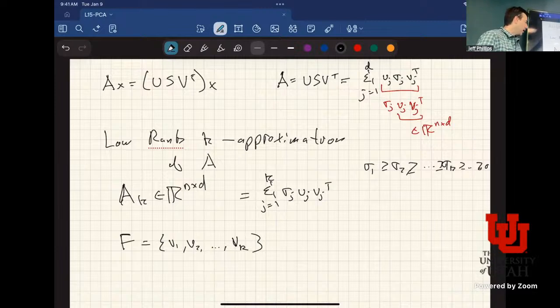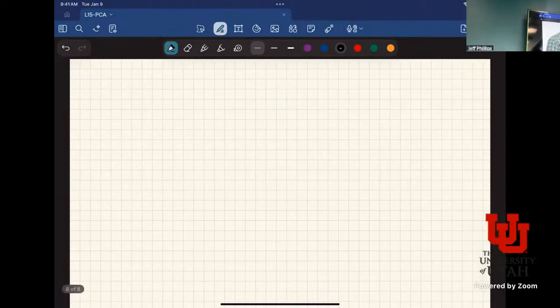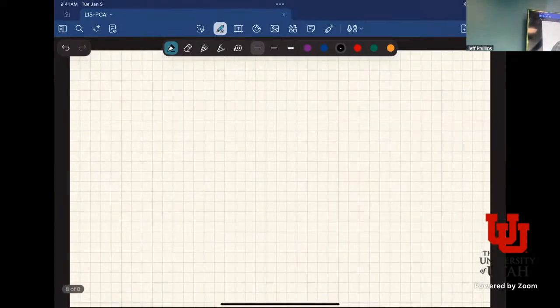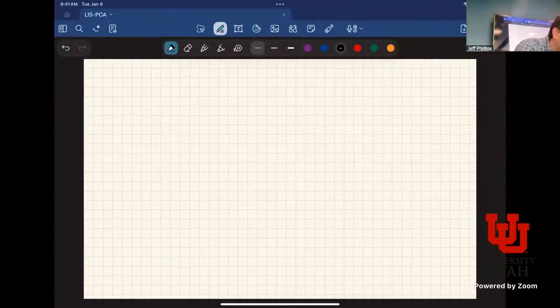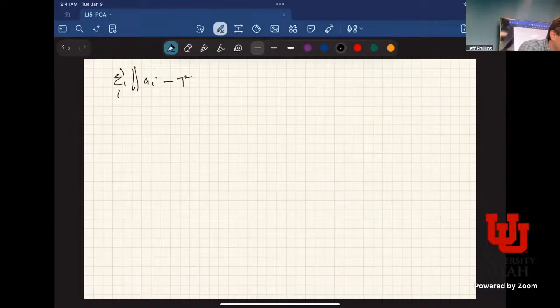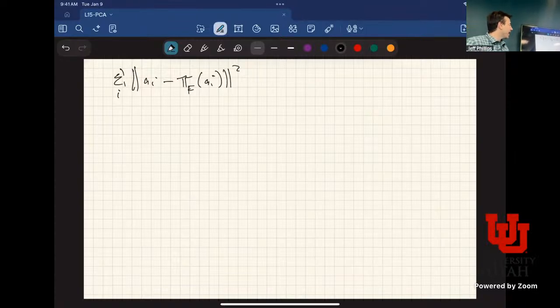And I want to quickly go through a little bit of derivation to see what's going on here. I'm going to sum up over all of the data points, a_i minus the projection onto F. And I want to see what happens using the SVD to analyze what this is doing.